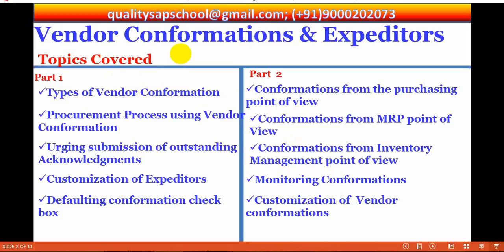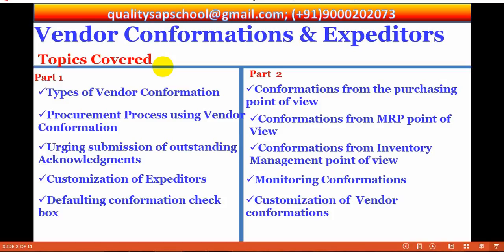Now, what are those vendor confirmations? In an organization, in the purchasing department, the term confirmation is an umbrella term for various kinds of information provided by a vendor to the customers with regard to the ordered goods.